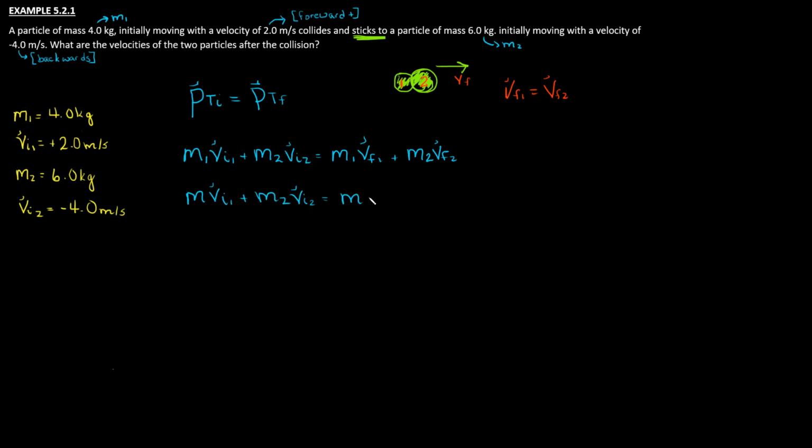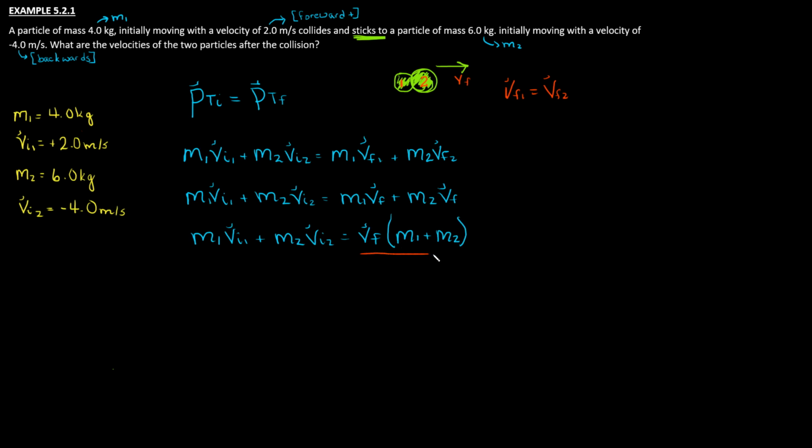It is simply just V final. And you'll notice what that allows us to do, if both objects are traveling with the same final velocity, is factor out that final velocity. When I factor out final velocity, I really get m1 plus m2. Right? We're looking at solving for this final velocity.